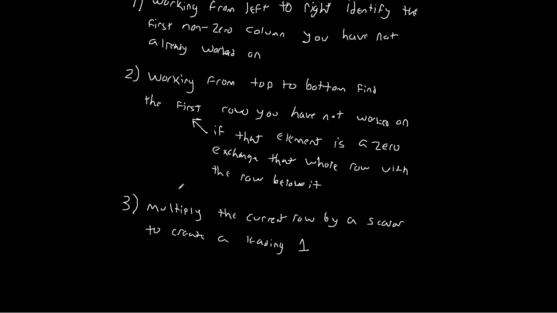Again, this is that other elementary row operation. You can multiply any row by a scalar. So you're going to figure out what scalar you need to multiply so that the element you were considering will be a leading one.